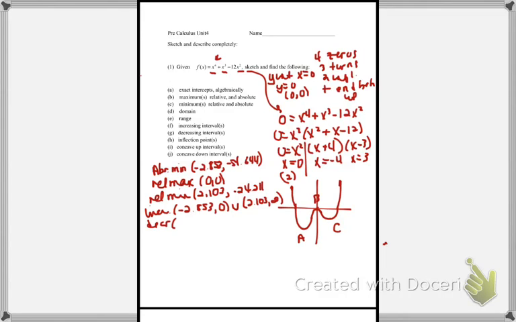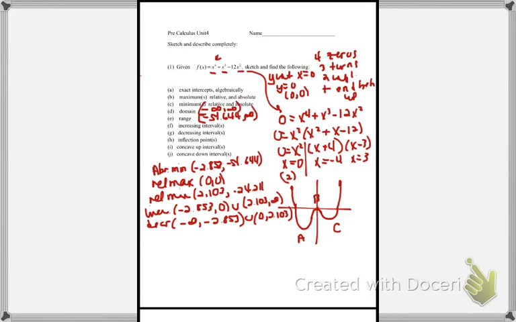Our decreasing values, negative infinity down to point A, negative 2.853, and one more decrease from 0 down to point C, 2.103. So we've got your increasing, decreasing. Your domain, again, is all real numbers. Your range, we found your absolute minimum point, so we are negative 54.644 to infinity.